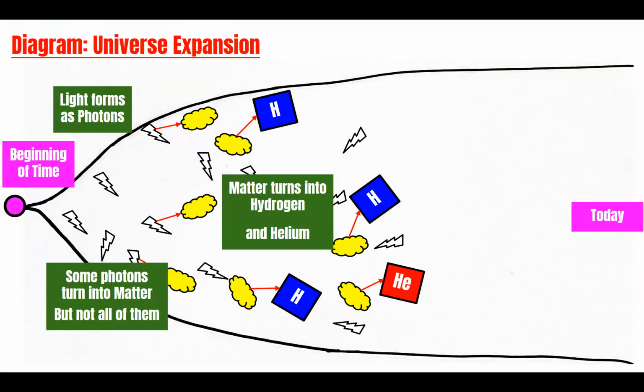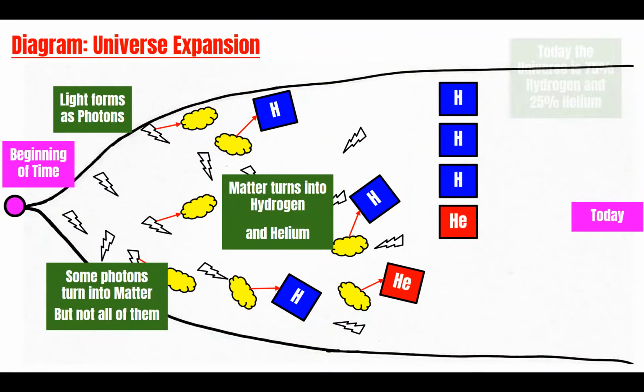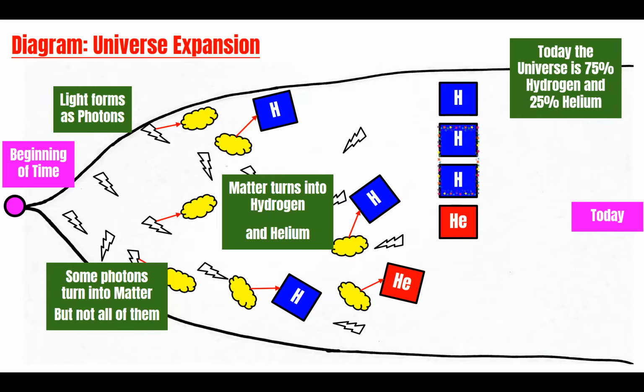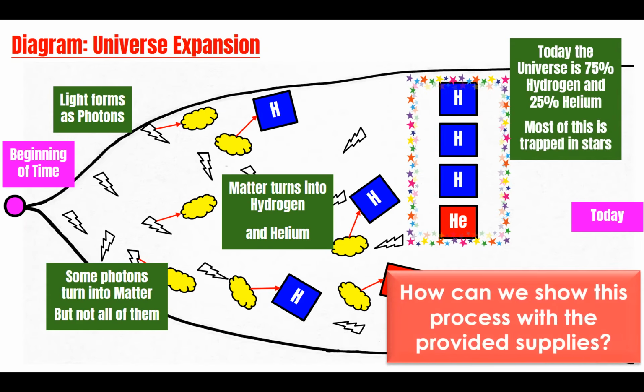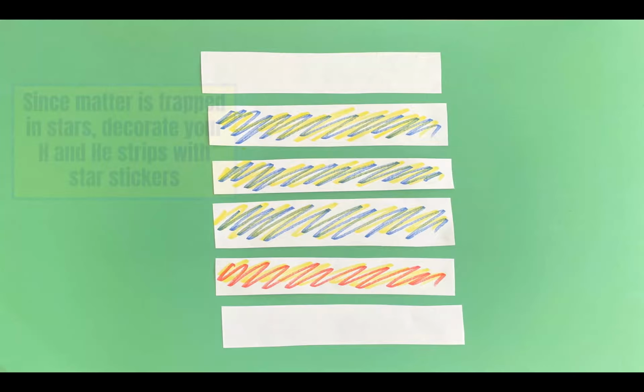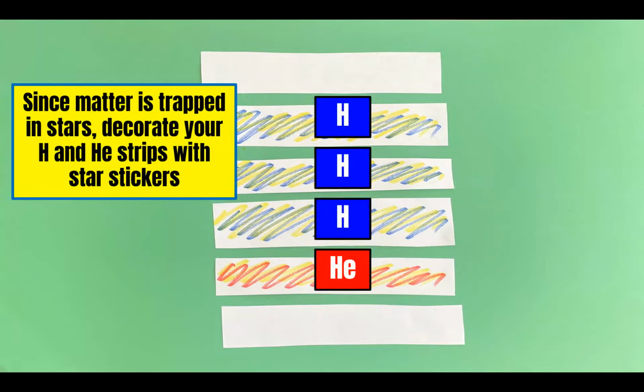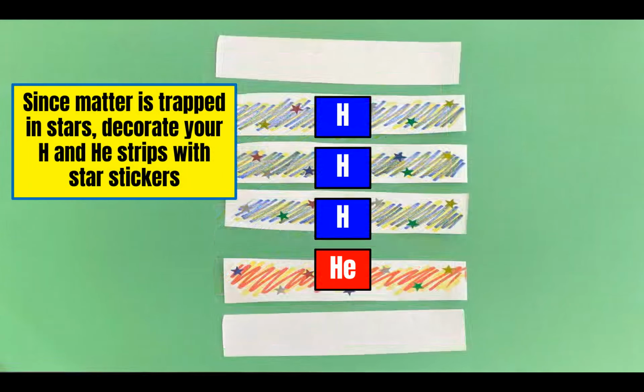All right, so now we have hydrogen and helium, 75% hydrogen and 25% helium, and most of it is trapped inside of stars. So to show this process with our provided supplies, we are going to start by decorating our hydrogen and helium strips with star stickers.